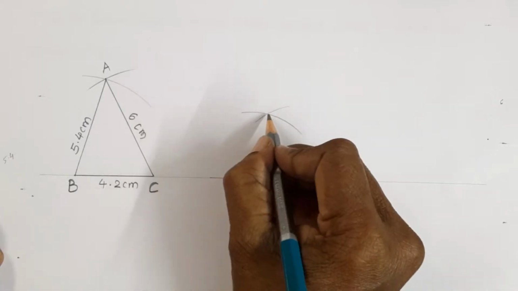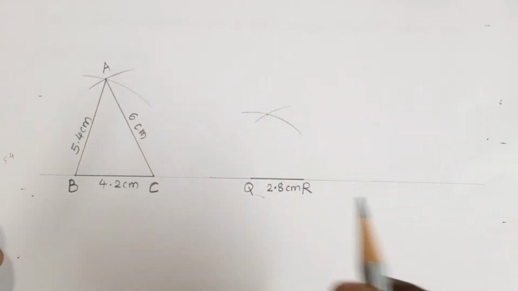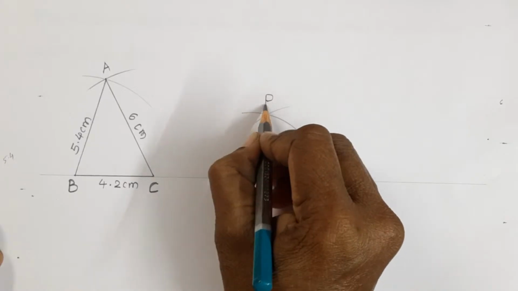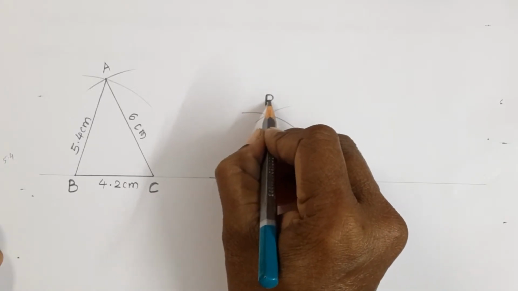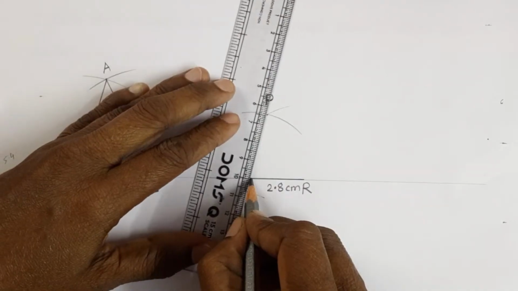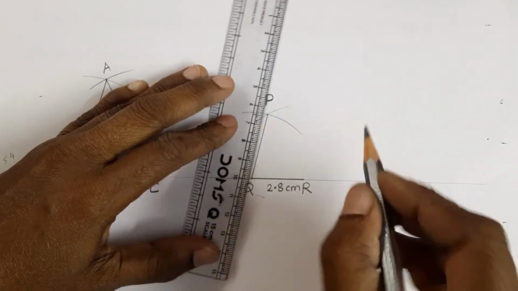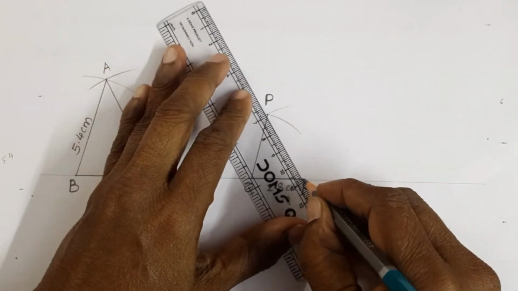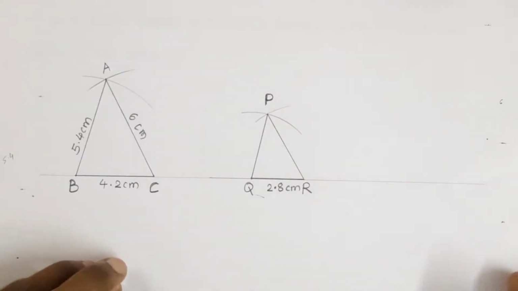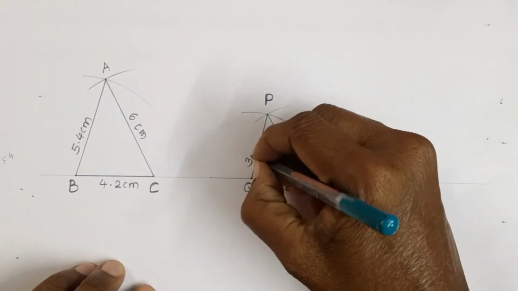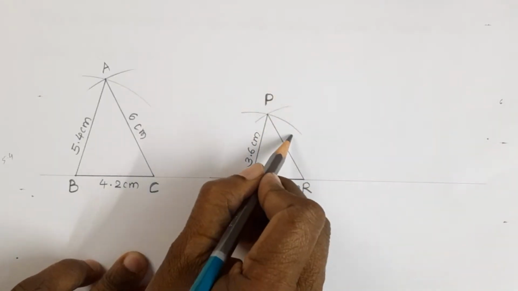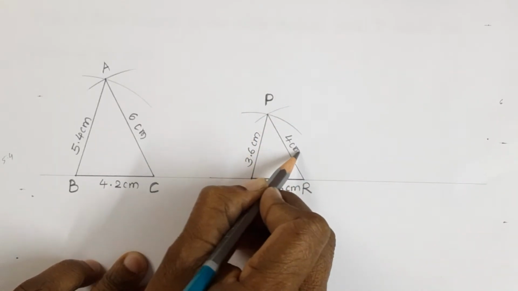Then here this intersecting point is known as the P. So this is P. Okay, then join PQ and then join PR. So now this way we draw the triangle PQR with writing their measurement.